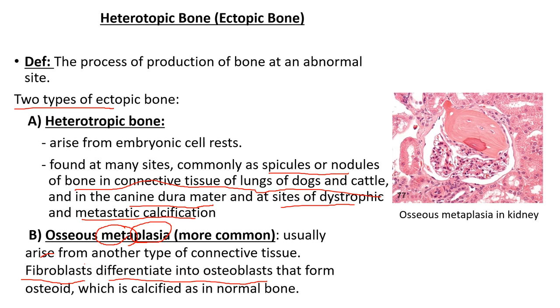Fibroblasts that make connective tissue will be converted to osteoblasts that make bone, and this results in formation of osteoid in normal tissue. So, for example, you can see this is a kidney, and this is glomeruli, and this is an osteoid that was formed in the glomeruli, and this is named osseous metaplasia.